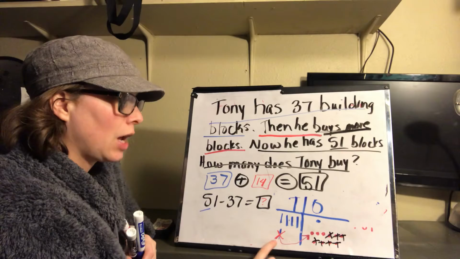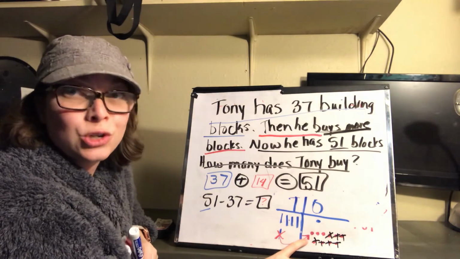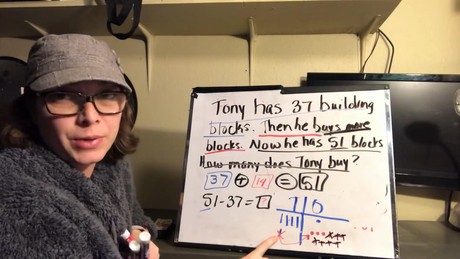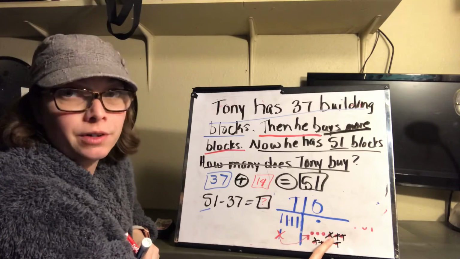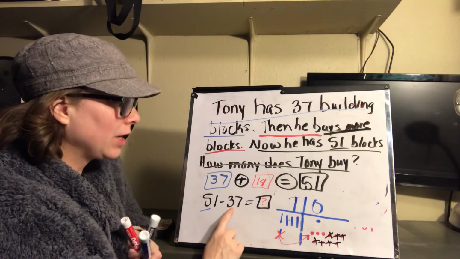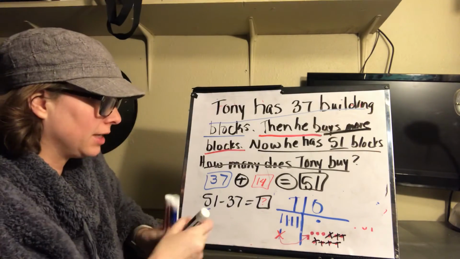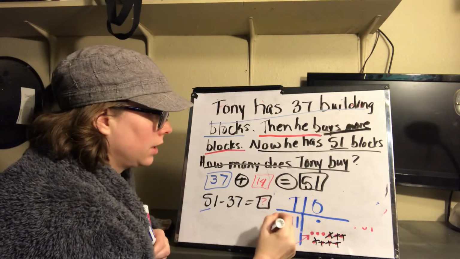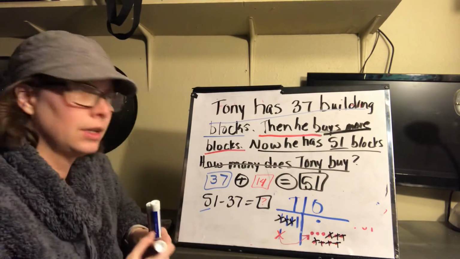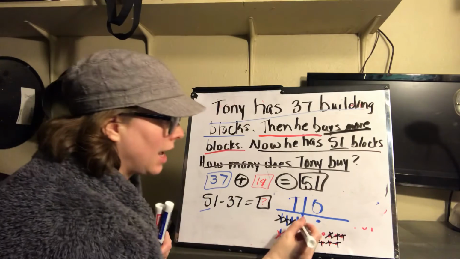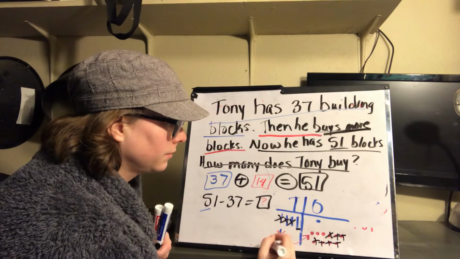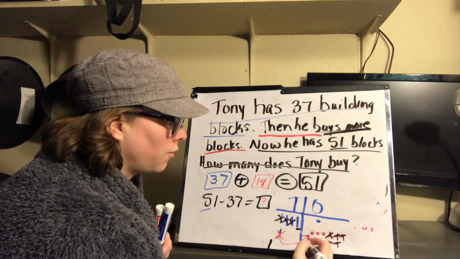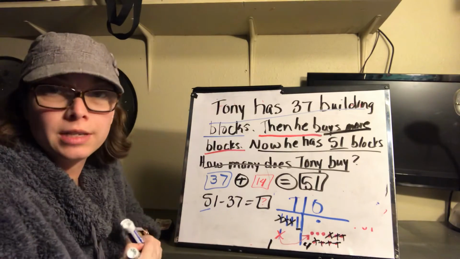Now this one was moved over to the ones house, so it does not count as being taken away. It was just moved over. So I have to take away 3 tens out of what I have left. So I'm going to take away 1, 2, 3. And my answer is what's left. I have 1 ten, and I have 1, 2, 3, 4 ones, which makes 14.